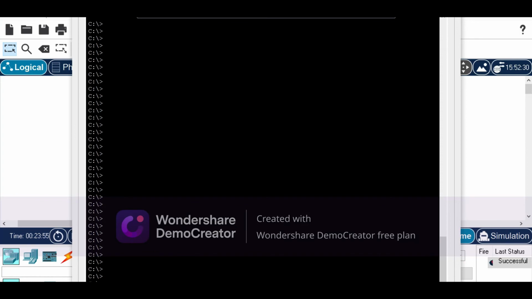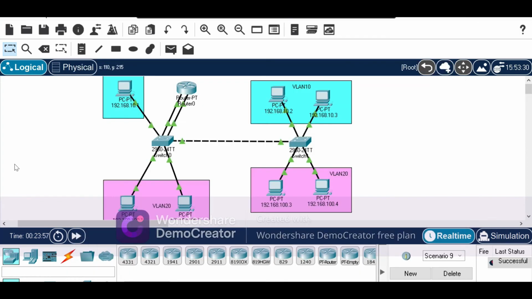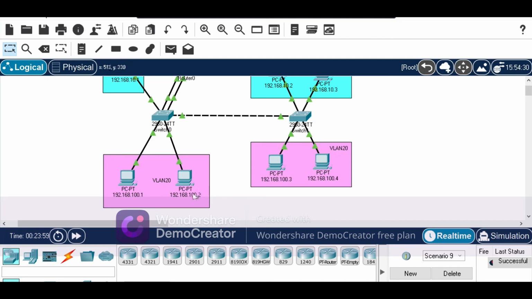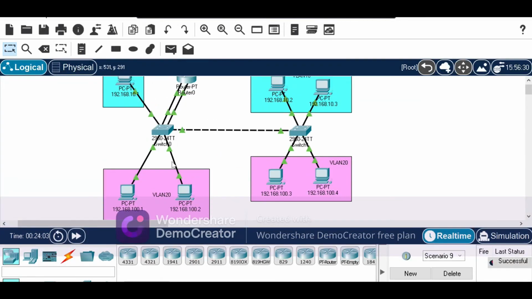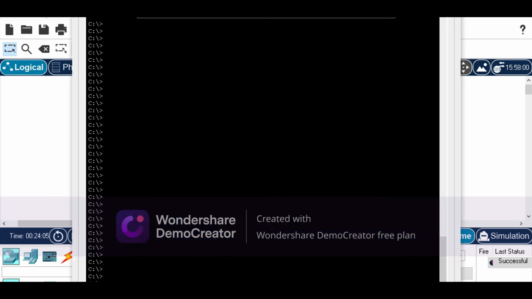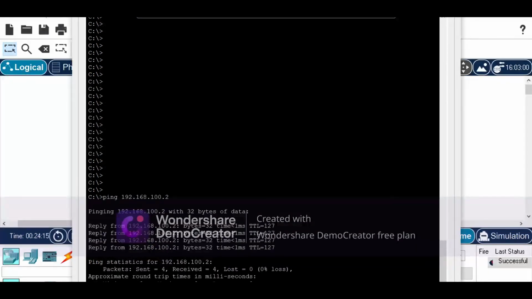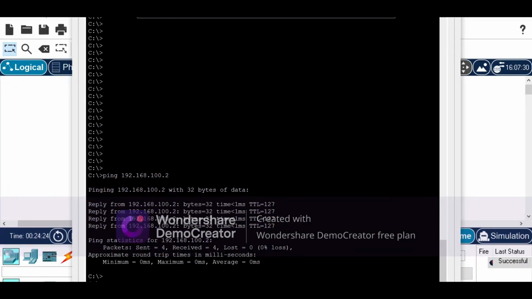I need to find out the IP address, which is 192.168.100.2, right? Let's check whether I am able to ping 100.2. Oh, that's great. Now I am able to ping the 100.2 computer. I am able to reach from one computer to the other. This is really cool.